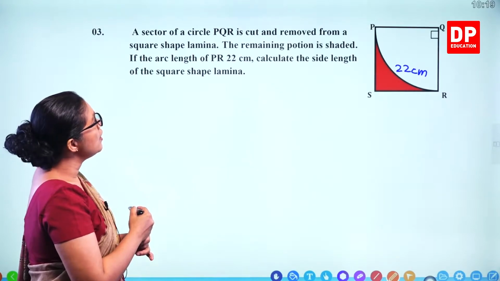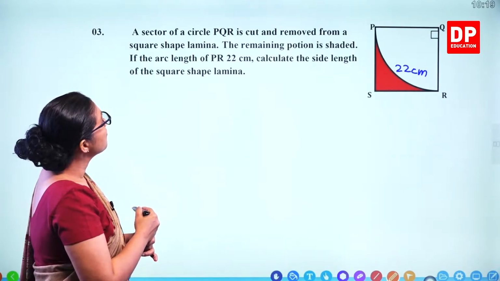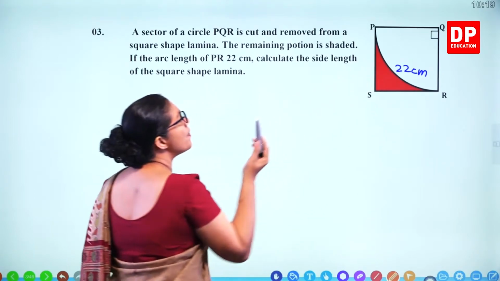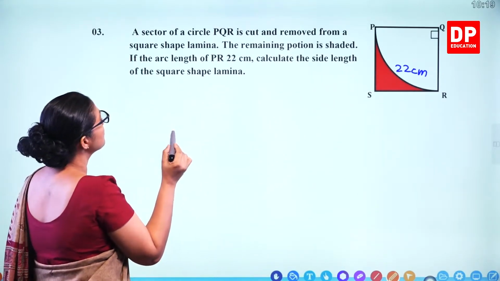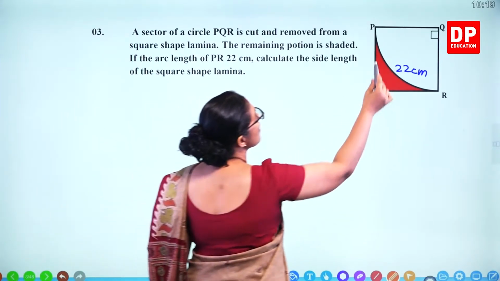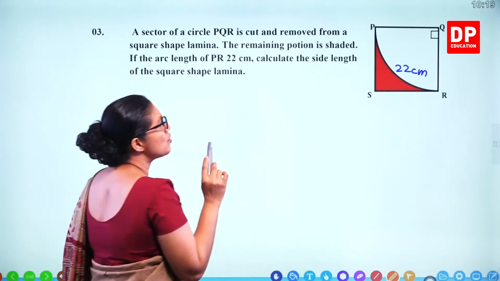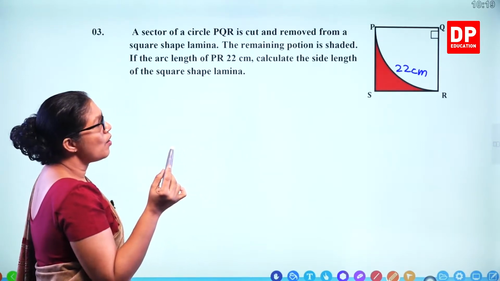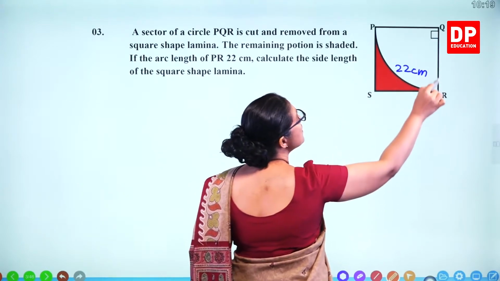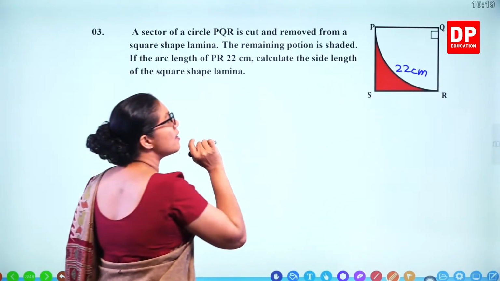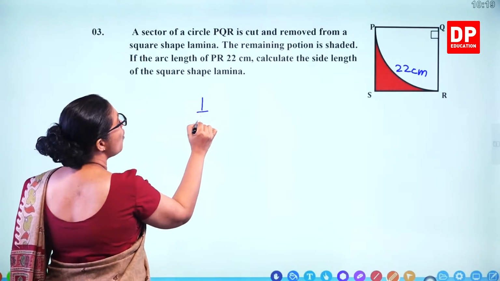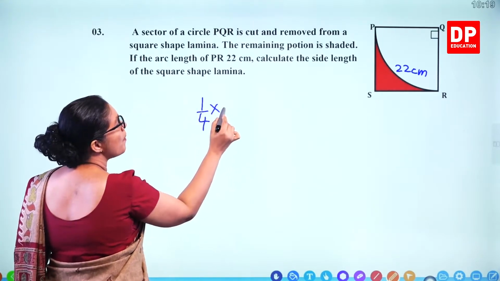So we need to find out this length. The arc length is given, 22. So we can find out the radius of the sector. What's the formula for a quarter of a circle? 1/4 of 2 pi r.